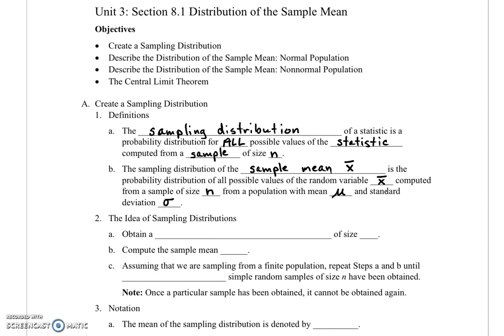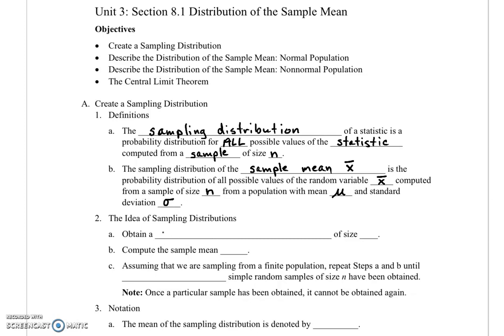So you should remember x bar is always sample mean, lowercase n is always the sample size, and the population mean is that funny Greek letter mu, and the population standard deviation is always that funny Greek letter sigma.